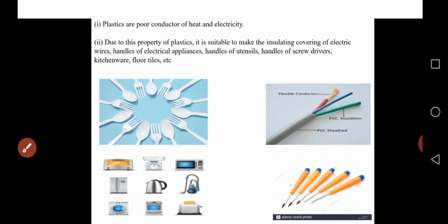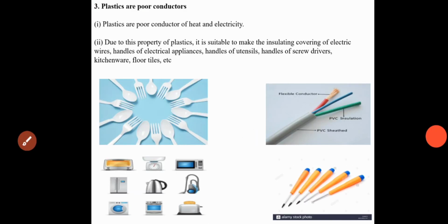So this is about the third very important characteristic of plastic, that plastics are poor conductors of heat and electricity. Because of this reason we are using plastics in making insulating covering of electric wires, handles of electric appliances, utensils, screwdrivers, kitchen weights, floor tiles, and some other places like that.